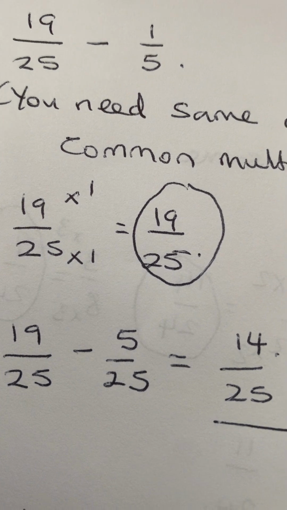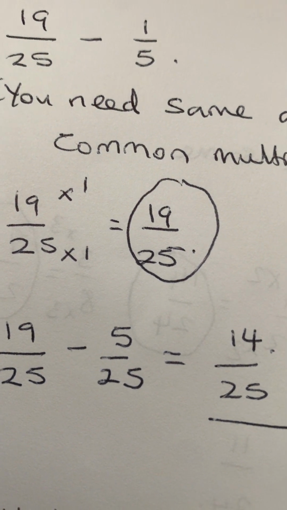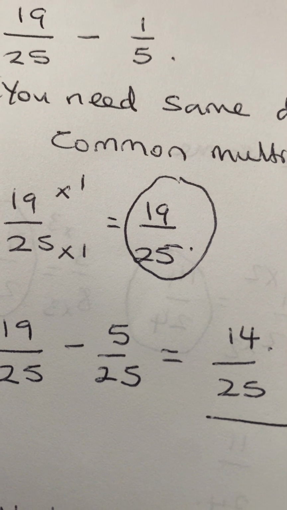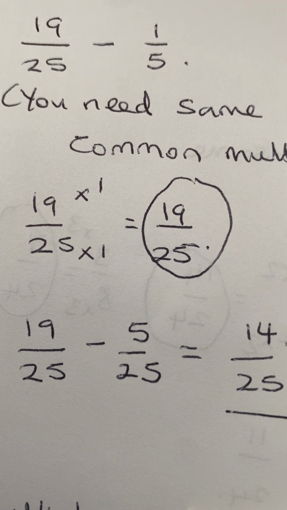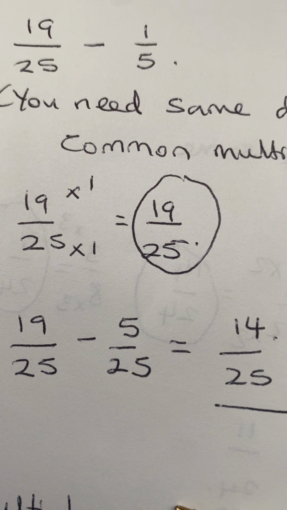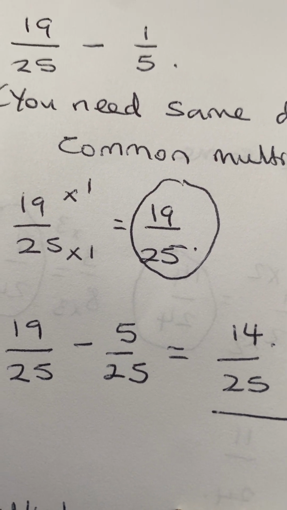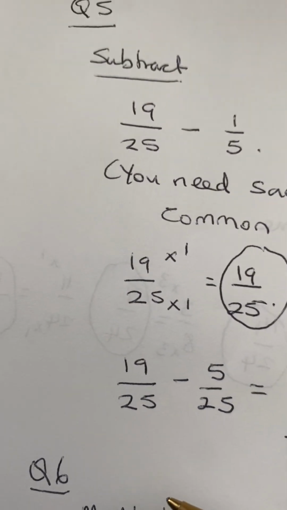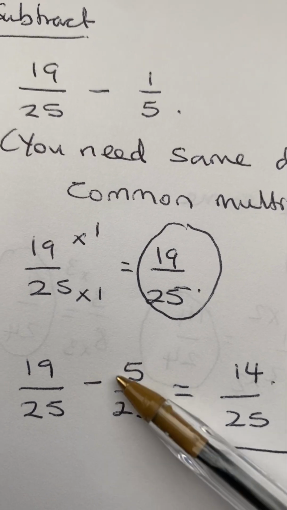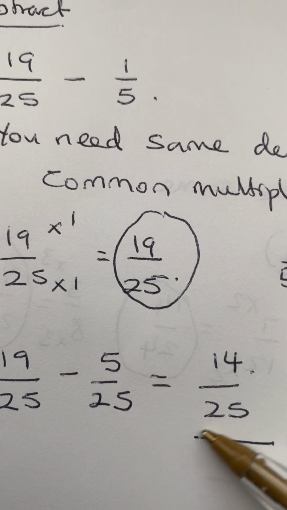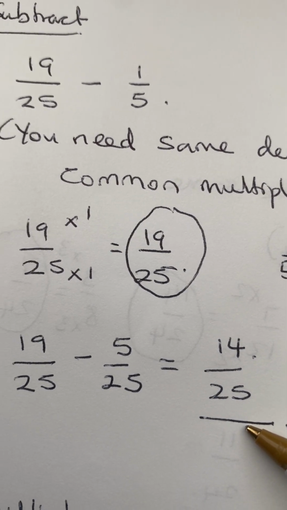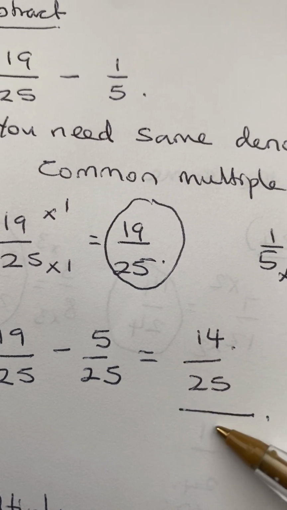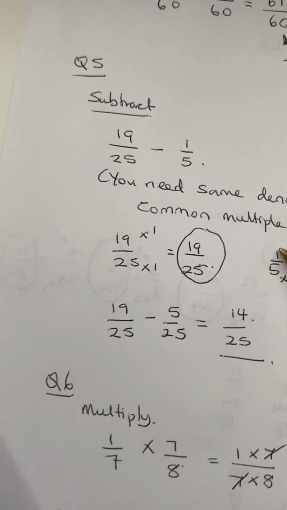It's important we don't subtract or add both denominators, and we just keep the denominators the same. Try and make the denominators the same and then subtract. So 19 minus 5 equals 14 over 25. Okay, so our answer here will be 14 over 25.